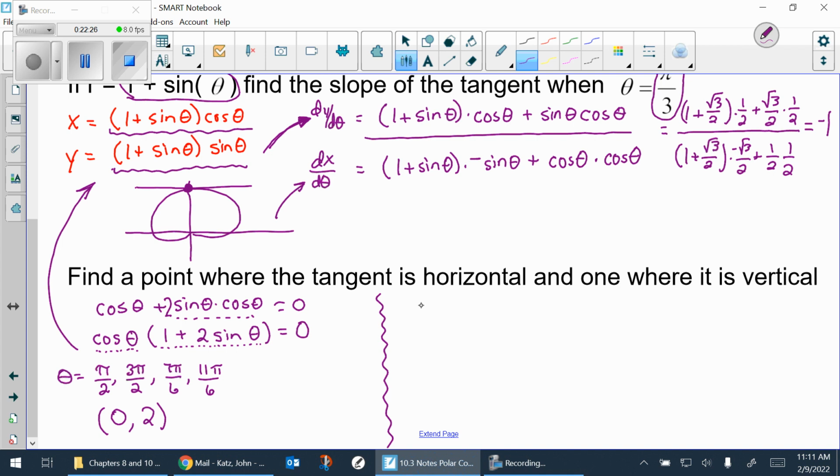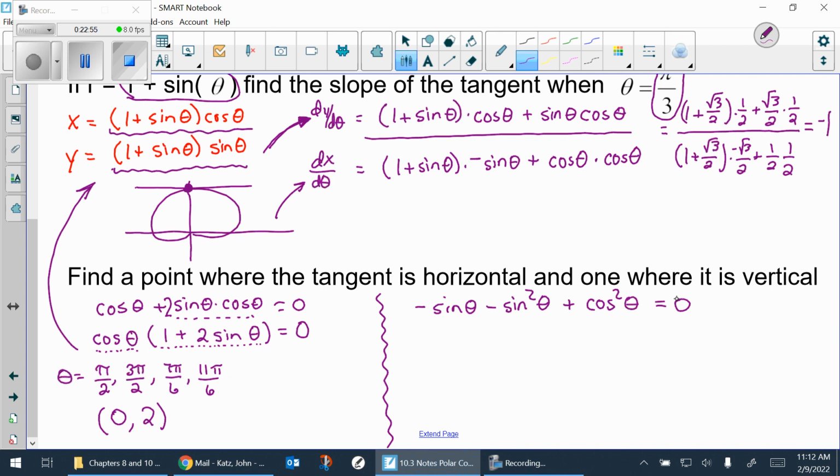Now, if I multiply that out successfully, I'm going to get a negative sine theta minus sine squared theta plus cosine squared theta. And I want that to equal 0. And I'm almost excited because I'm almost thinking, oh, hey, there's a trig identity, but one of them's negative and one of them's positive.